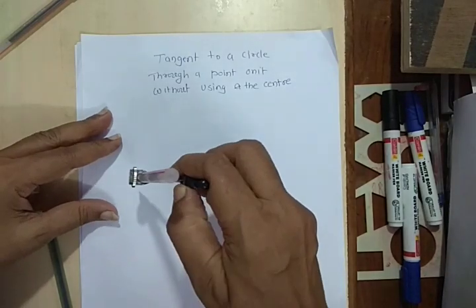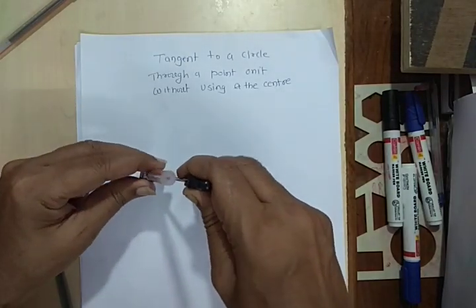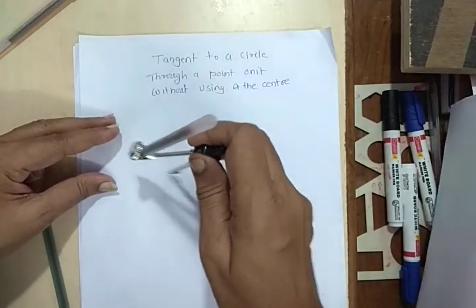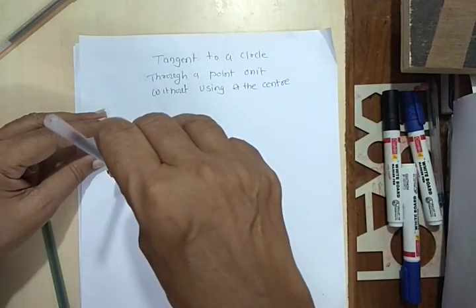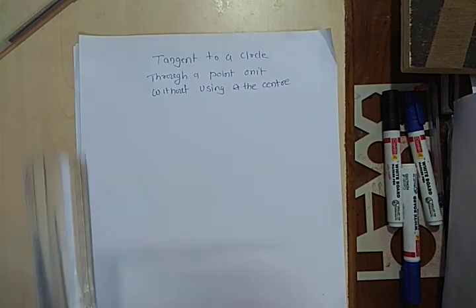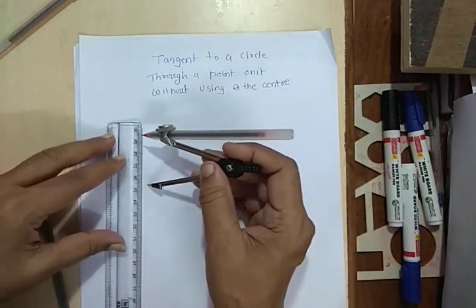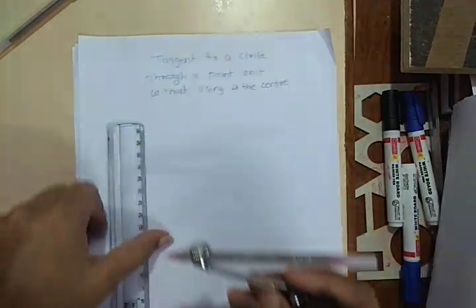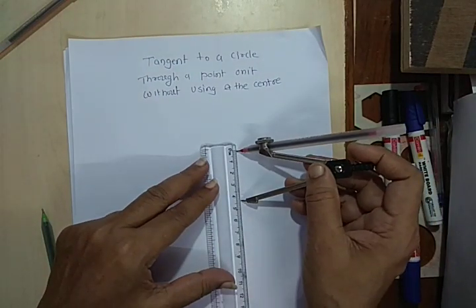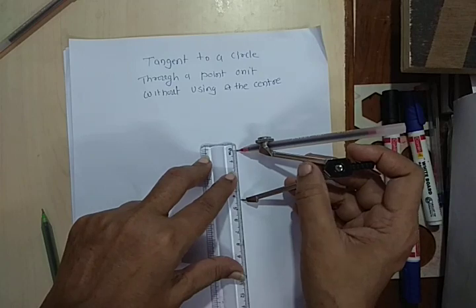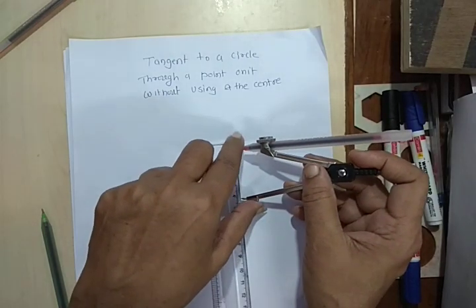Suppose this is a circle. Any circle. I have not measured the radius. Suppose I am drawing a circle of radius 4 centimeter.